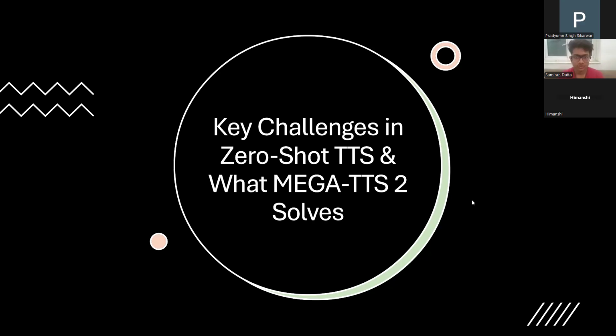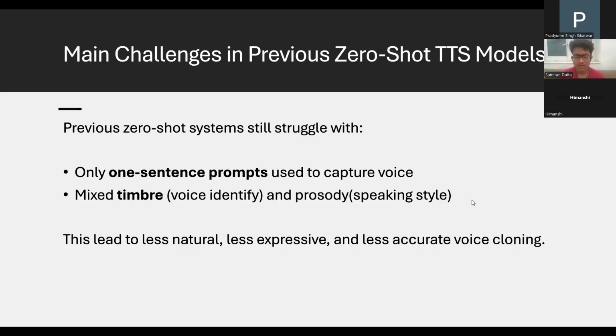The main challenge in previous zero-shot TTS models was that earlier models mostly used only one sentence to understand a speaker's voice. But that's just not enough. It doesn't capture the range of ways in which we naturally speak, like changes in tone, pace, or emotion.